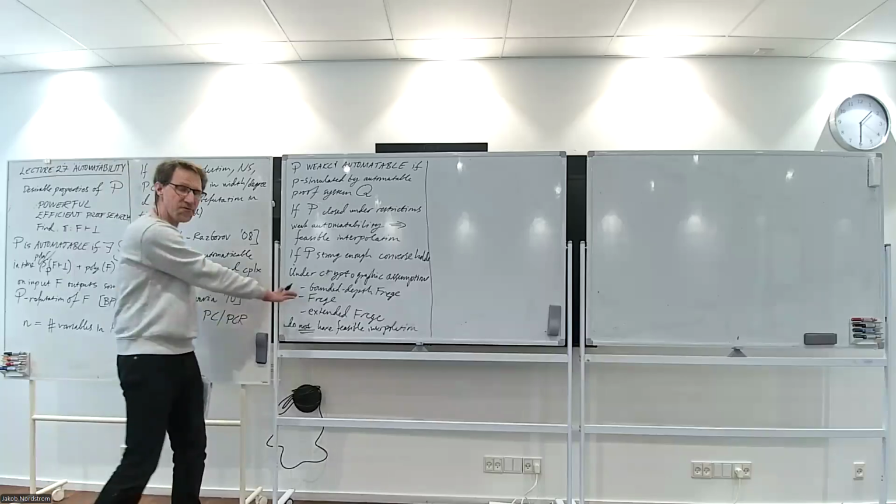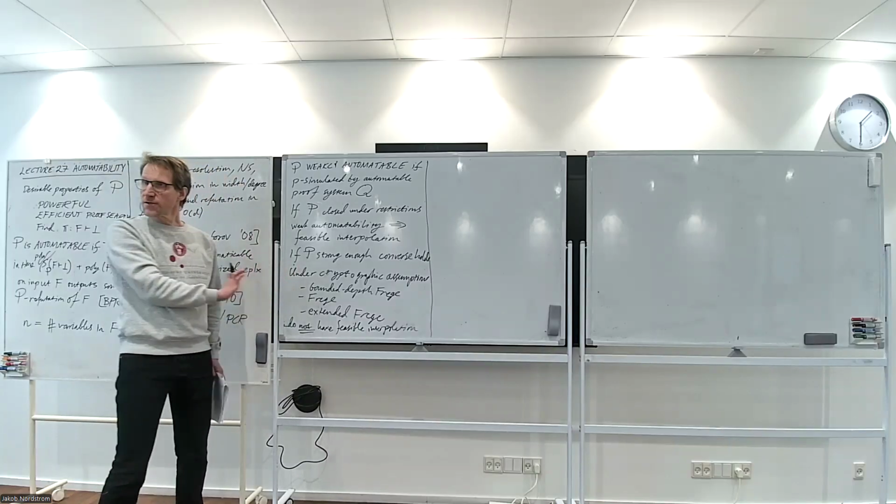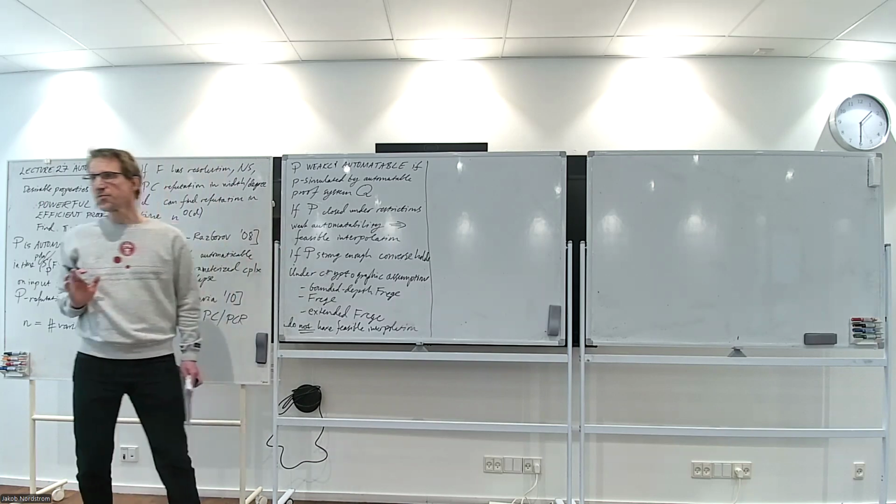Okay, so strong enough proof systems, if you believe in cryptography, do not admit efficient proof search.